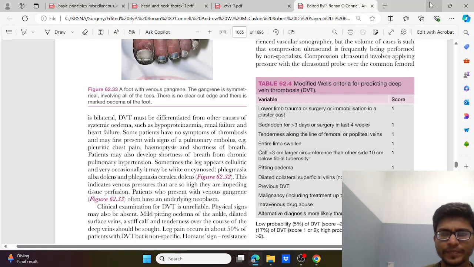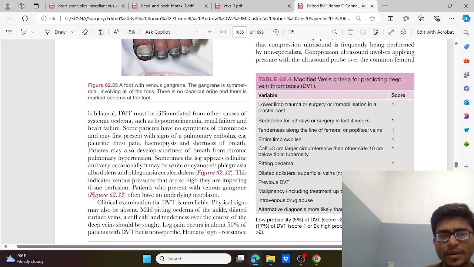Sorry for the delay. I would like to add to the discussion the modified Wells criteria for predicting DVT, which is given in Bailey in the form of a table. Here we have various variables which are added to predict DVT. First is lower limb trauma or surgery or immobilization in a plaster cast, which gives 1 point. Bedridden for more than 3 days or surgery in the last 1 week adds 1 point.